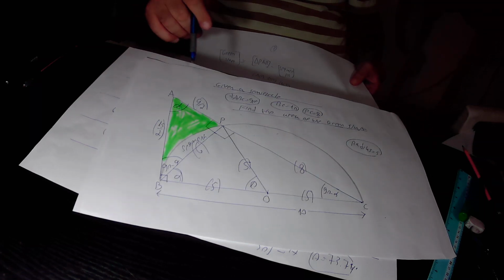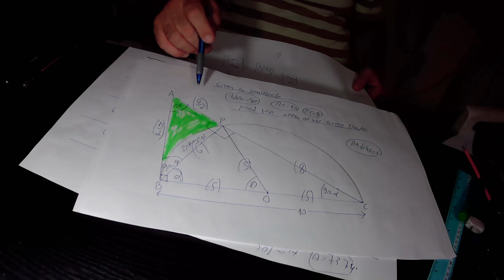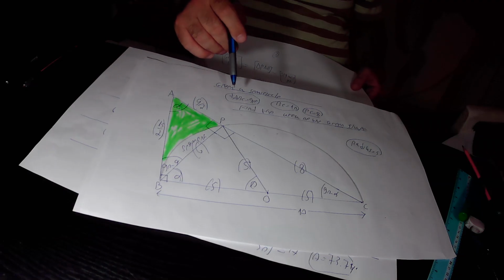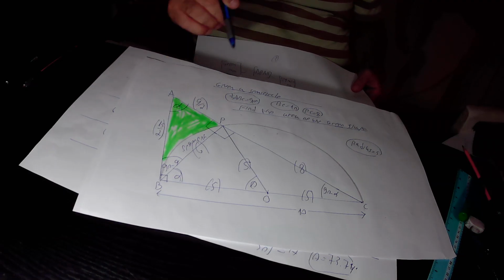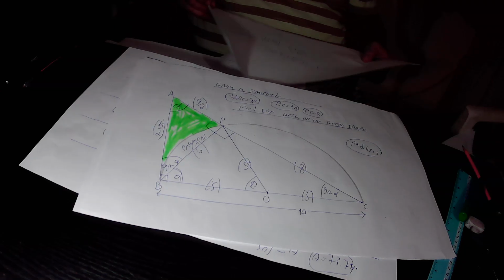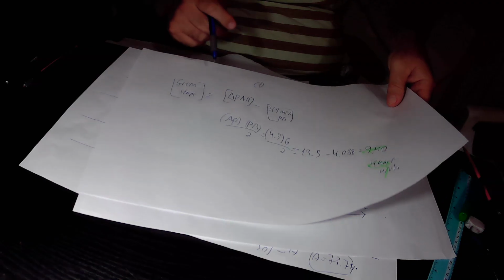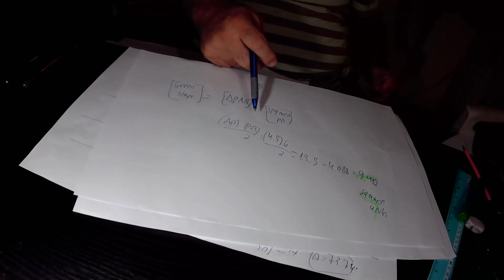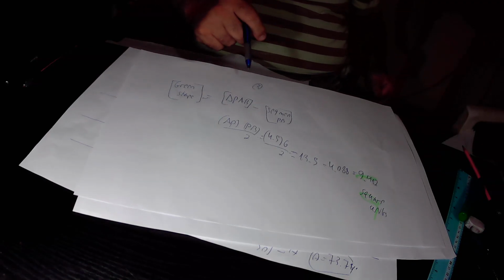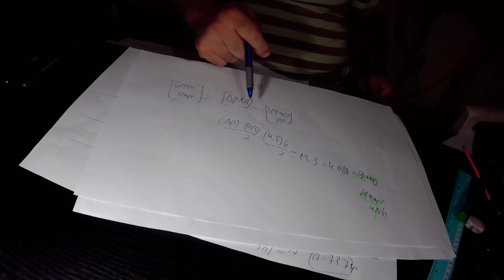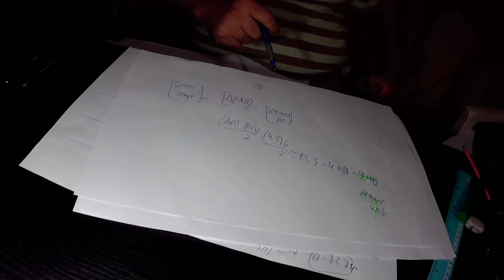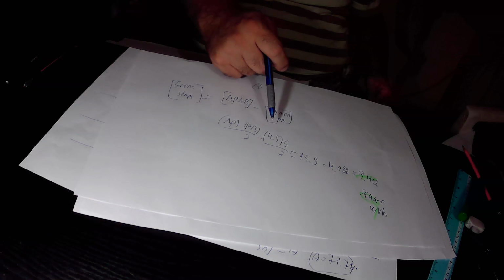So what is the area of this triangle PAB? It is equal to the base, that is 4.5, times the height, that is 6, over 2. Or AP times PB over 2. The base AP times the height BP over 2. AP is 4.5, BP is 6 over 2. 6 over 2 is 3, and 3 times 4.5 is 13.5.